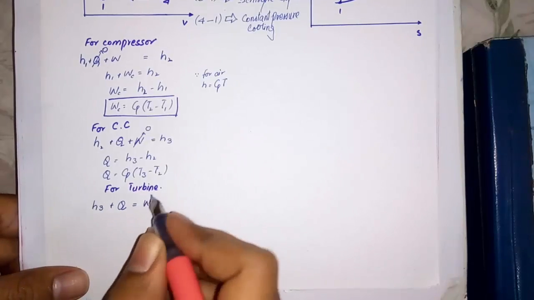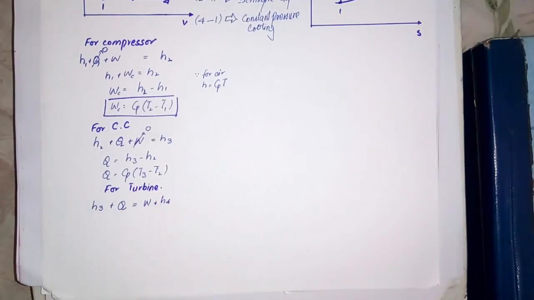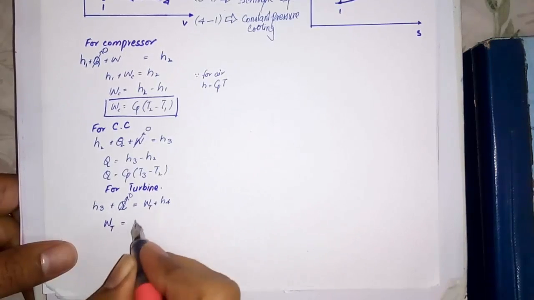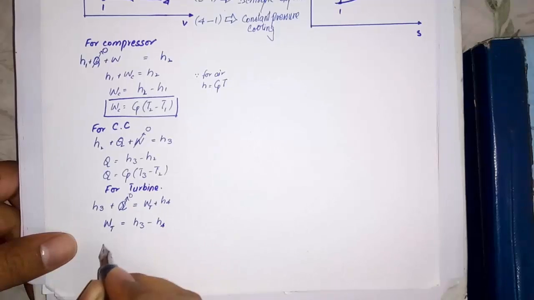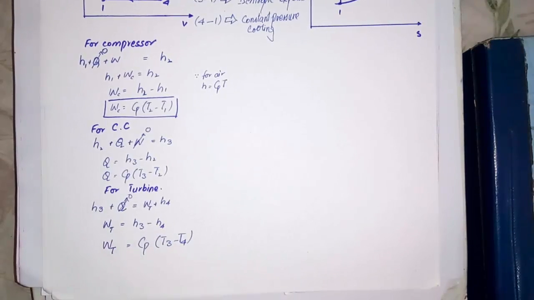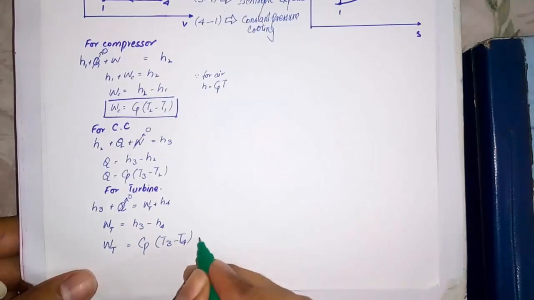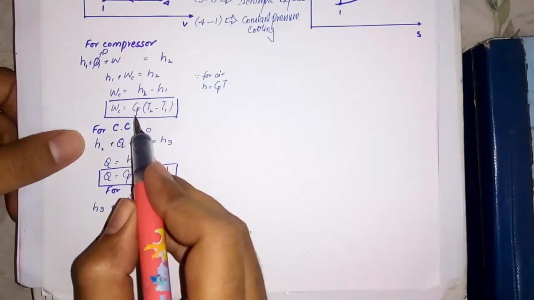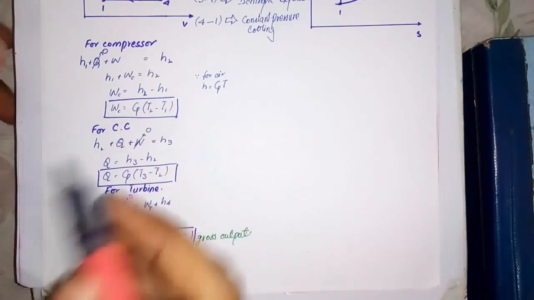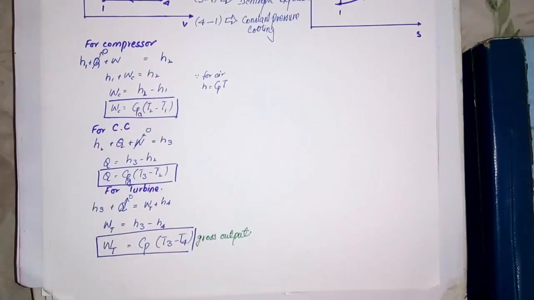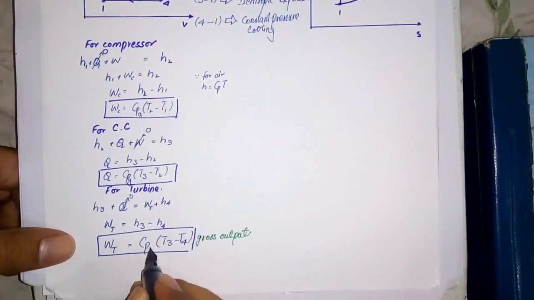For the turbine, in this case, heat is 0. This relation is the output work of the turbine, also known as gross output. As in an open cycle, the compressor is only dealing with air, so Cp would be of air. In the combustion chamber and gas turbine, Cp is of gas.